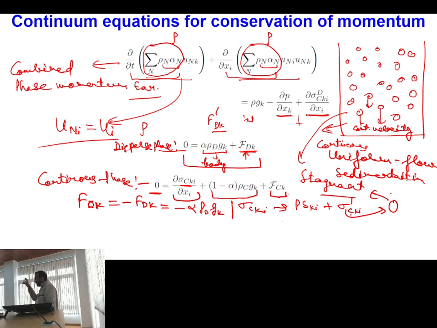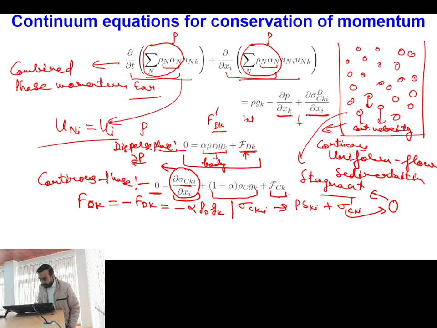If my liquid is stagnant, there will not be any rate of shear strain. So in this sigma_CK, I will only have the sole contribution of the pressure force. So I can simply replace this term with del P by del x_k, in the kth direction.